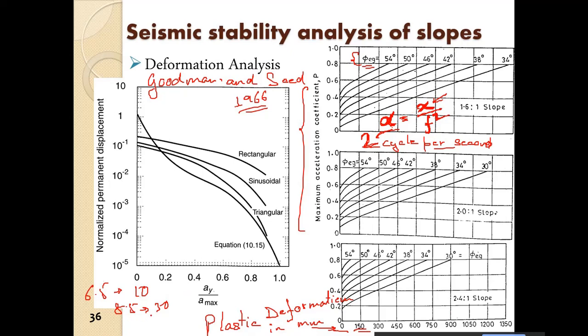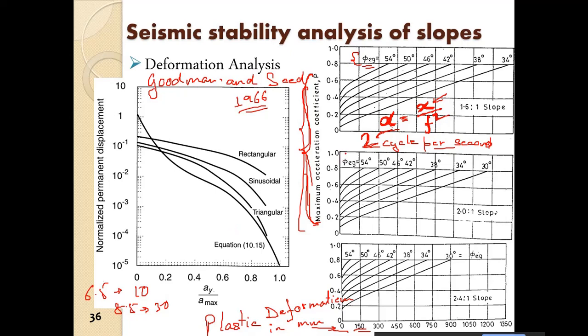Of course, it has to exceed this acceleration. So the total numbers of cycles which exceed this maximum acceleration coefficient, only those we have to add. So that part we have to keep in mind.